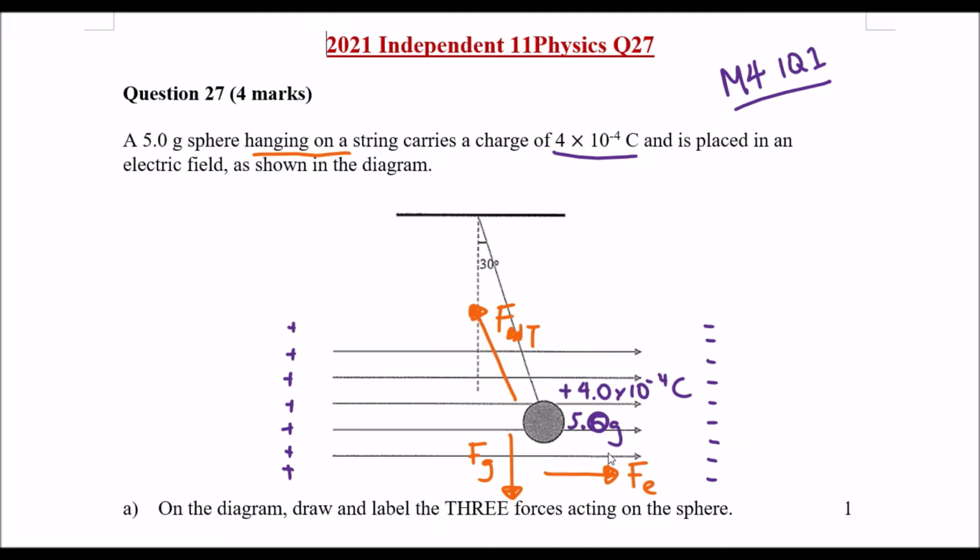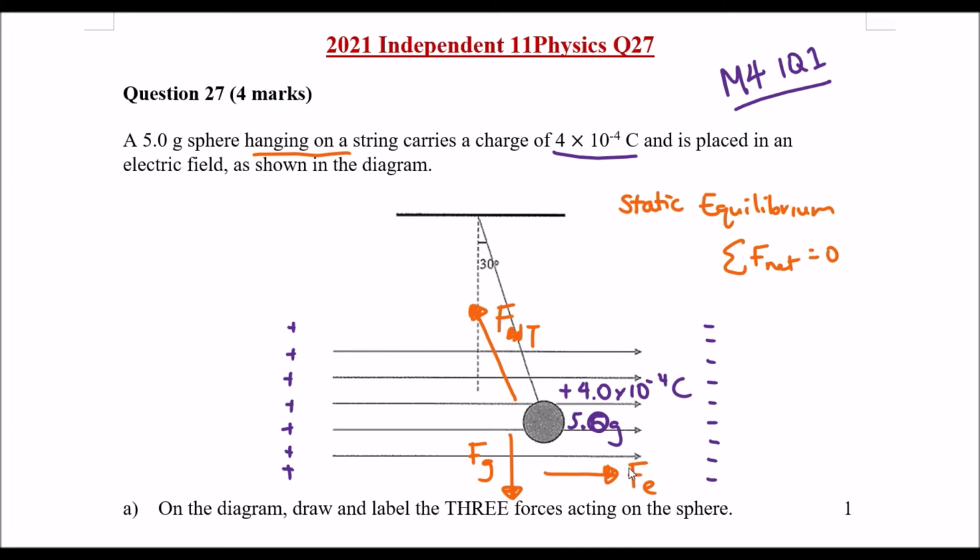In this scenario, we have static equilibrium, meaning the components of each force are equal to 0. Our net force is 0 and there is no motion. The horizontal and vertical components of our tension force are equal and opposite to our gravitational force going down and our electrostatic force pulling it to the right.